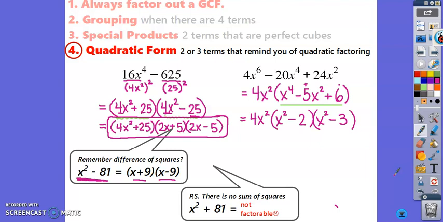Now, this isn't a difference of squares or anything, because 2 is not a perfect square, and neither is 3. So I don't really have a good way of factoring those yet. That was a teaser. So for today, this is a fine way to write that. Okay, I can't leave you hanging.